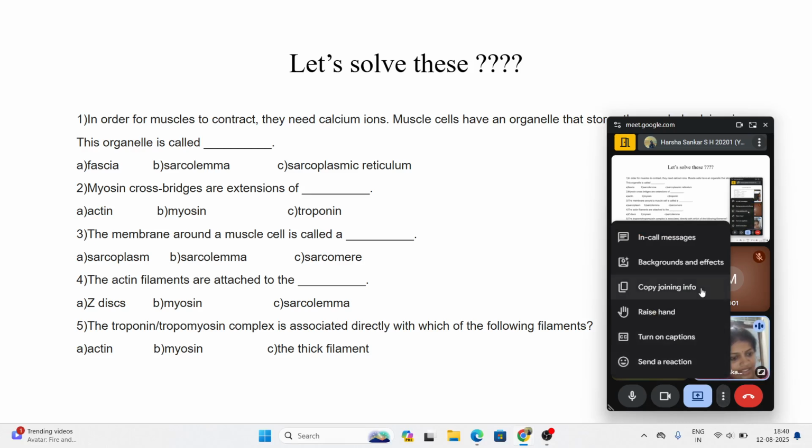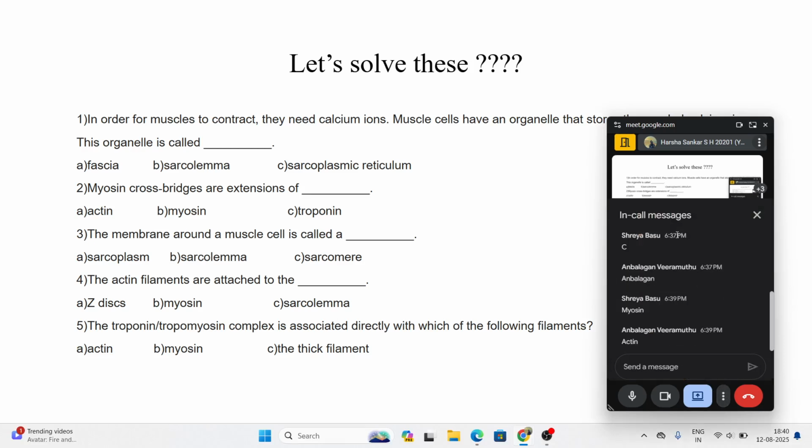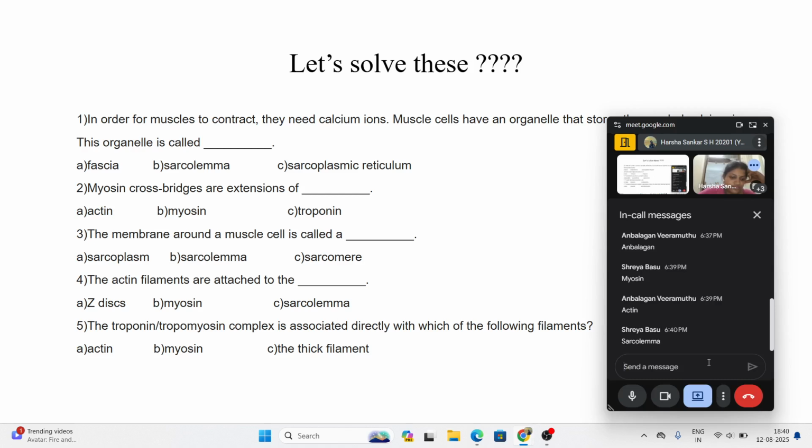Thank you, Shreya. Any other answers or is everyone supporting Shreya? Shreya is saying the membrane around a muscle cell is called sarcolemma, and Anbalagan is also saying the same. Okay, good. Yes, the membrane around a muscle cell is called sarcolemma.